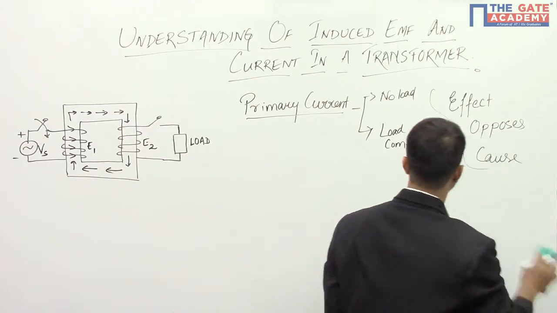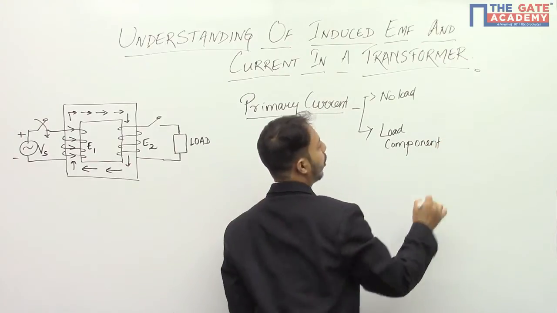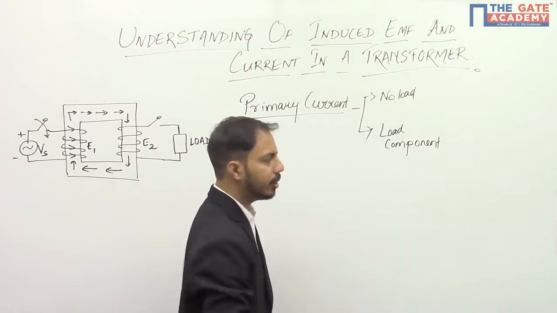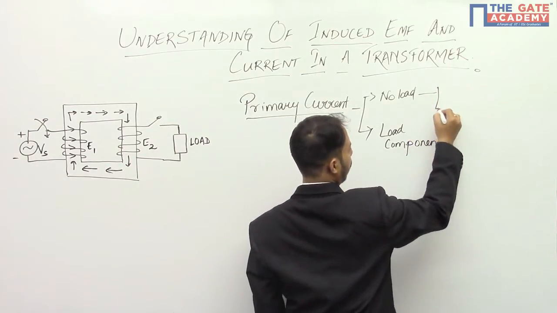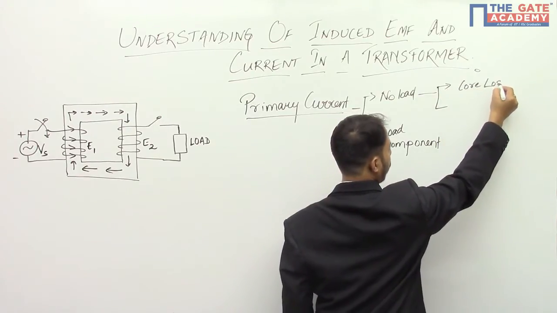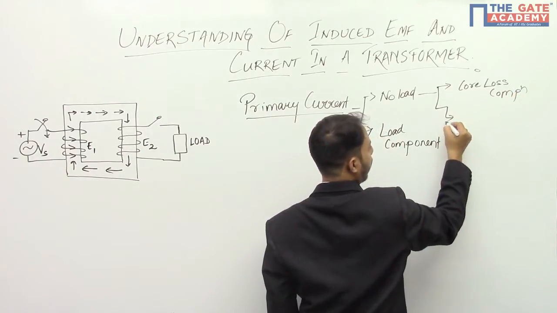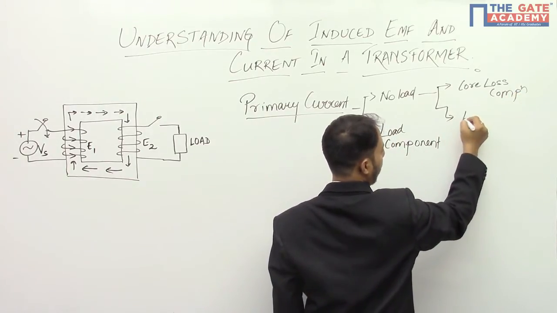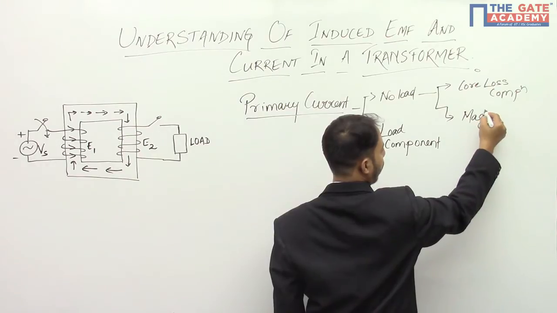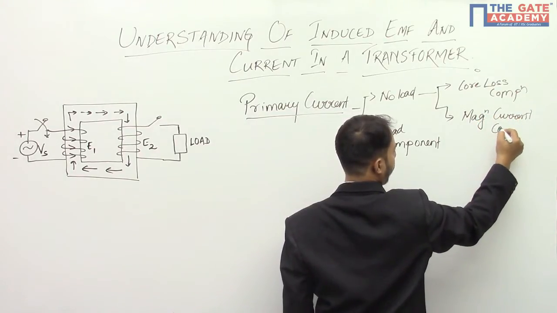Now the no load current also has two components. One is the core loss component and one is the magnetizing current component.